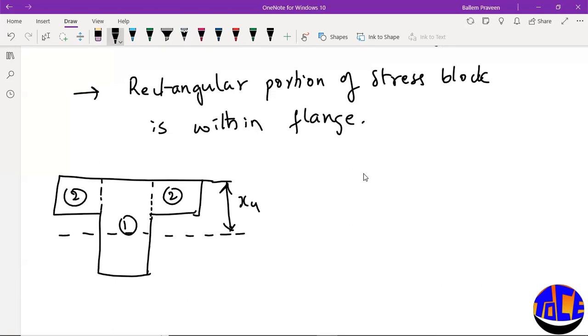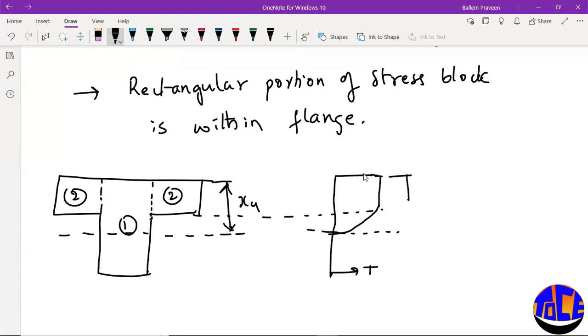How will the stress block diagram be? Here you have T, and the rectangular portion will be within the flange itself. This is how your stress block diagram will be for case 1.